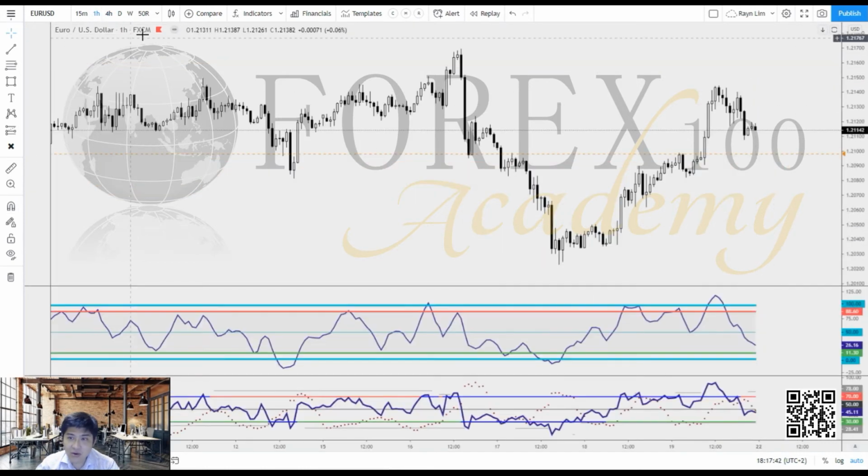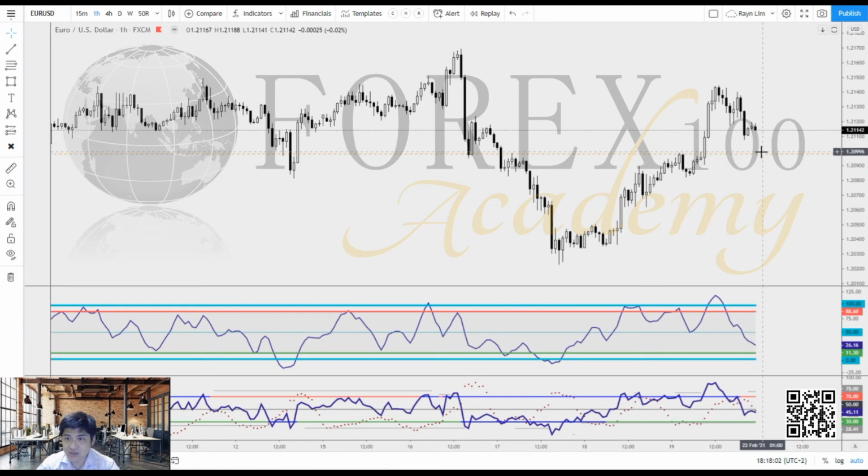On the 1-hour chart, we did an aggressive short somewhere about 1.2134. The market went up higher and came back down, and we placed our stop loss above it. Should it go towards the downside, the first target I'm looking at is 1.21, so it's about 14 pips to go.